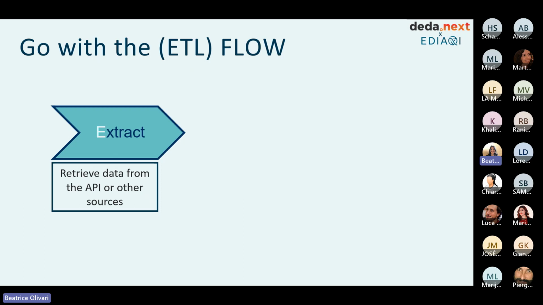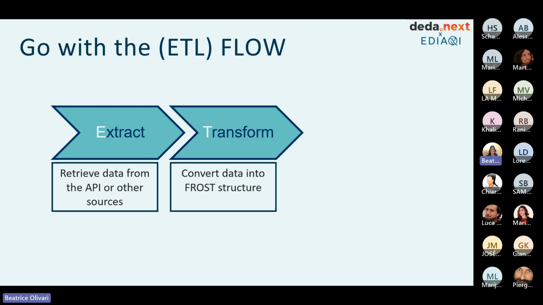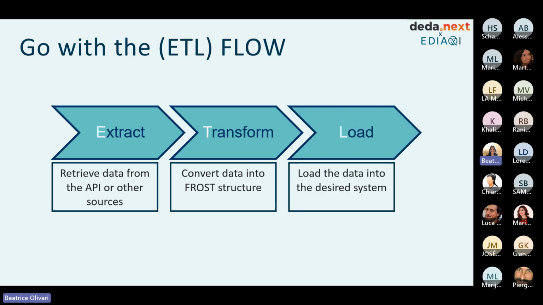Then we proceed to transform them, which is the hardest part. Usually we take the data as they come out of the API and transform them so that they are Frost compliant, so they can be put in a Frost structure. And finally, we load them.